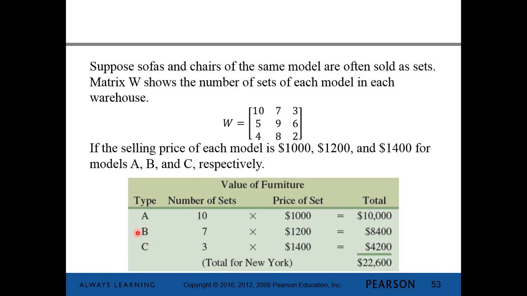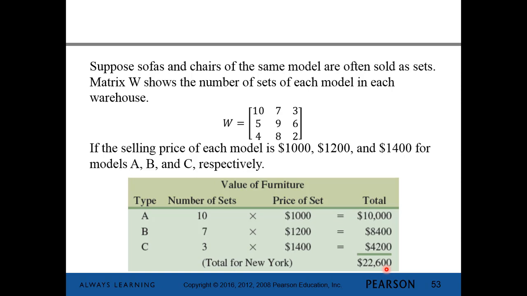Then we'd take the number of sets of Model B and multiply by 1,200, and the number of sets of Model C and multiply by 1,400. These are the totals we get, and we add those up and get a total value for New York City of 22,600.